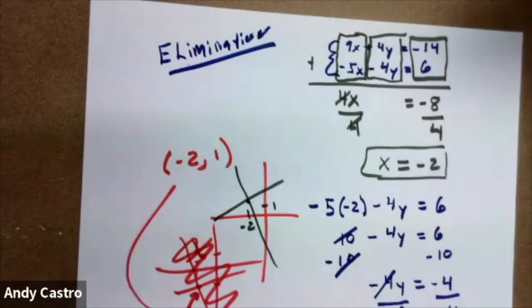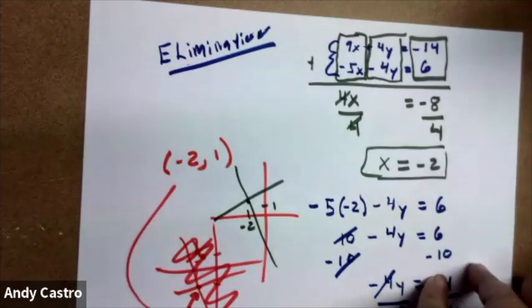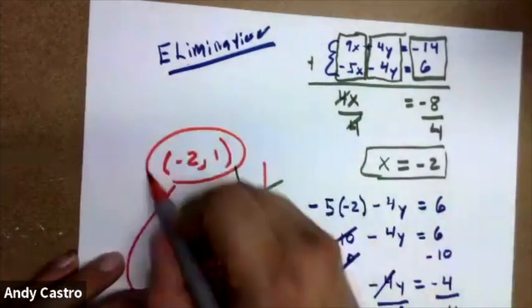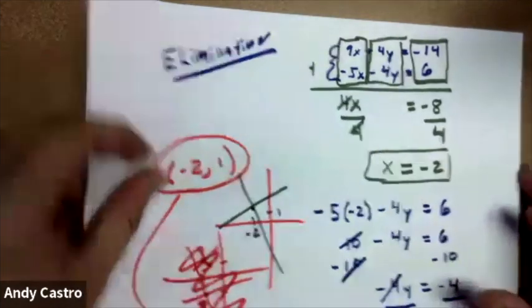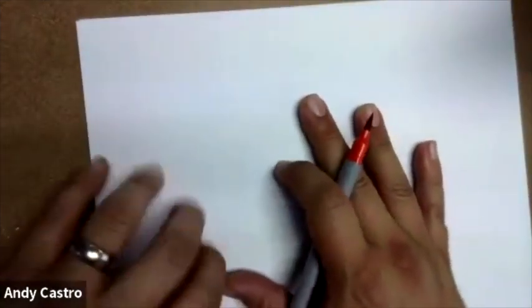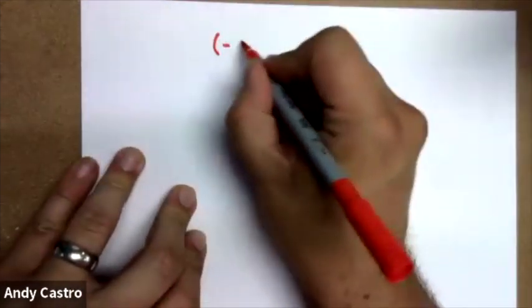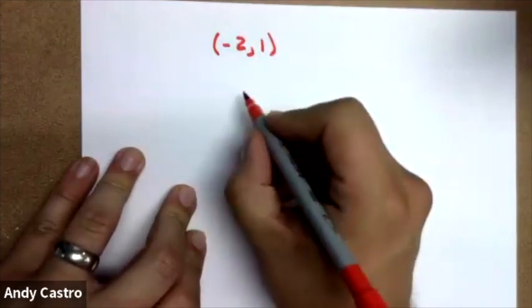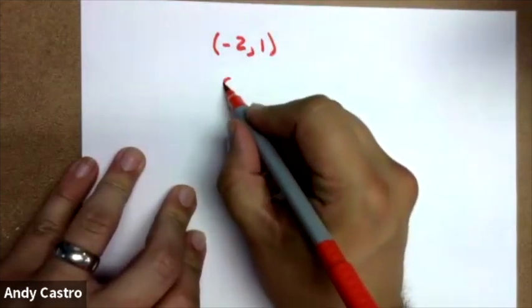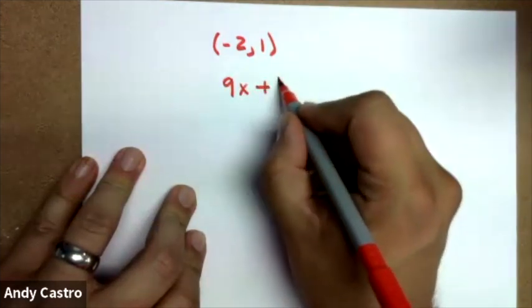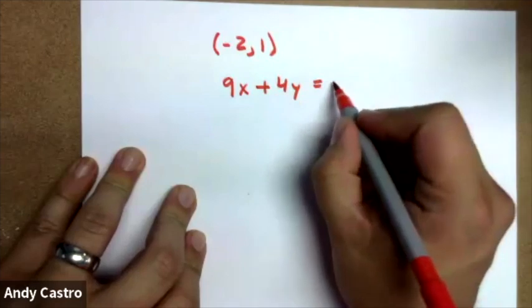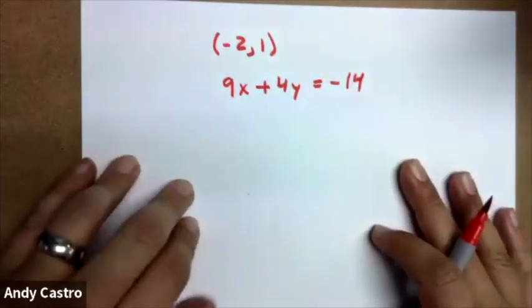And so let's see if that's true. Okay, so we've got negative 2, 1. Let's see if this method of elimination actually yields the correct answer. Here's the first equation, 9x plus 4y is equal to negative 14.